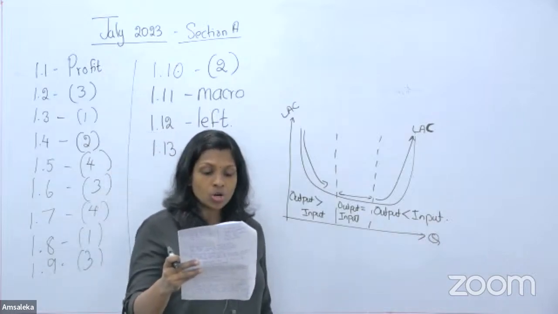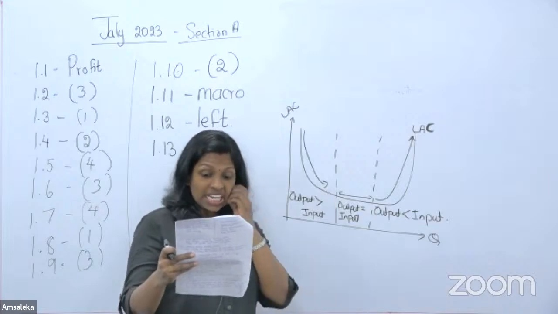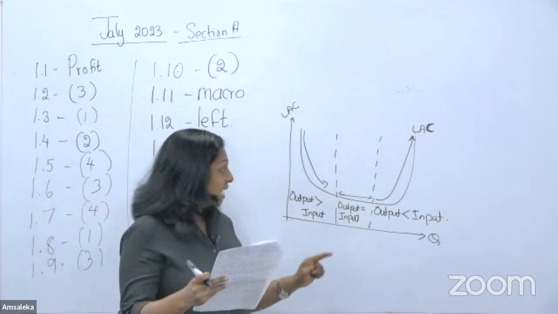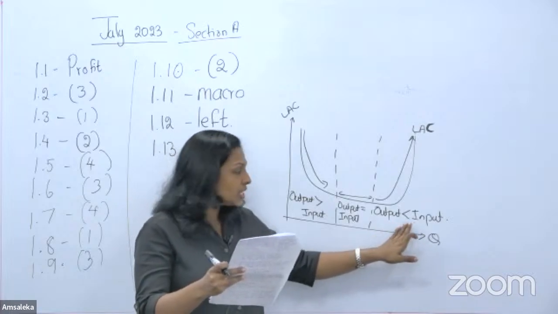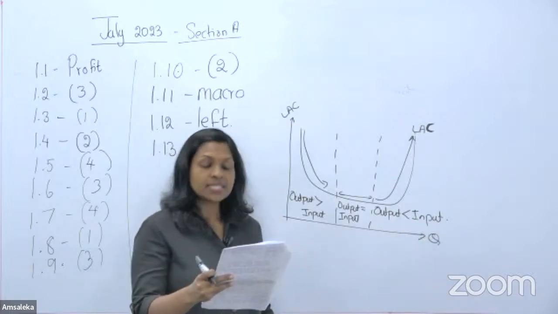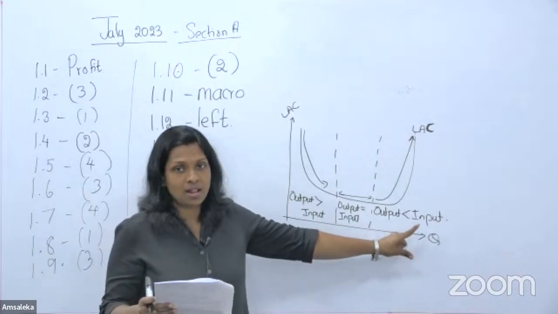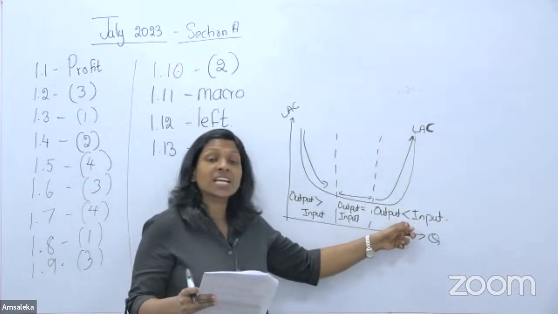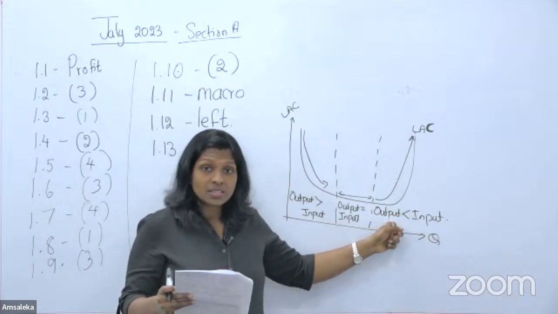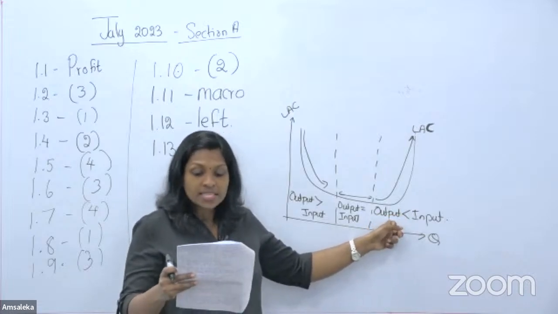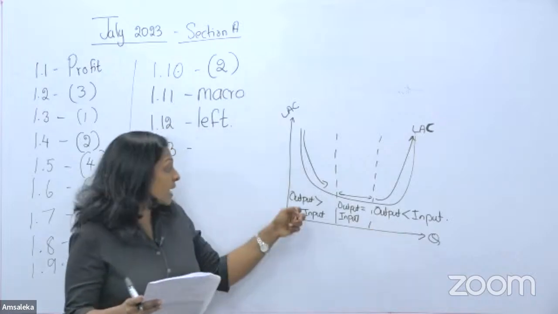The question is about when the proportionate increase in output is lower than the proportionate increase in input. Is that increasing returns to scale? No, it is decreasing returns to scale. Your benefits are decreasing. Right? But they said increasing returns to scale.